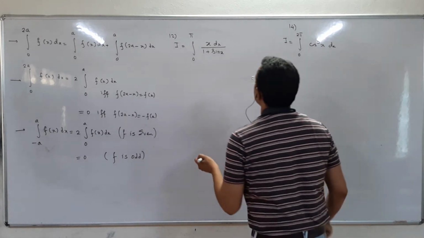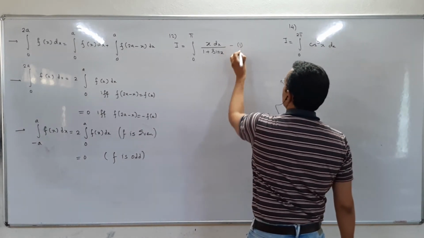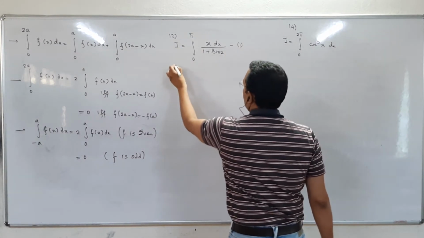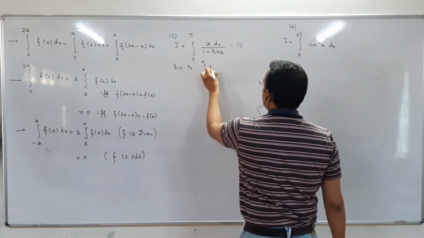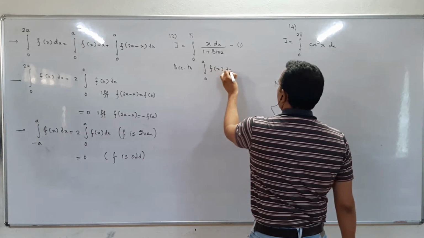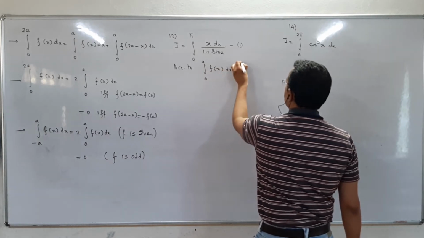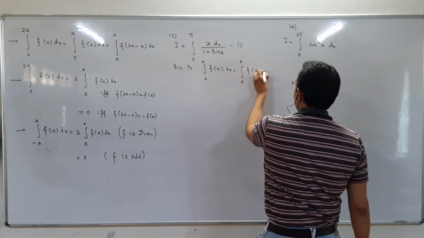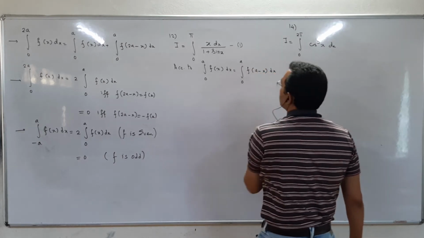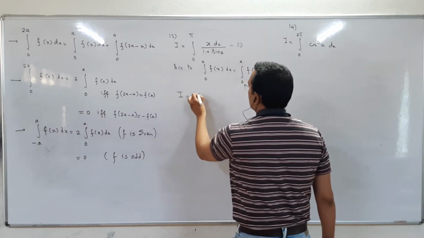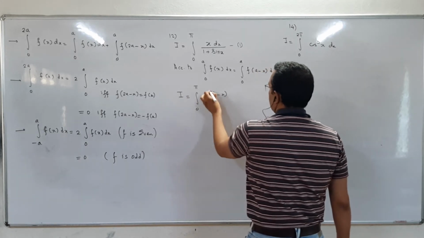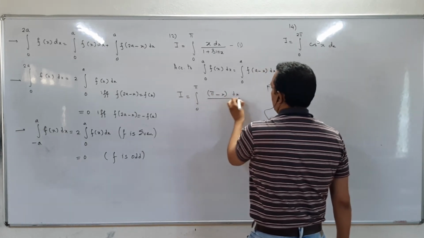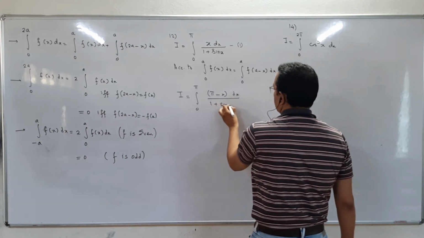Now, this is result 1 when 0 to a. So according to the property, integration 0 to a f x dx is equal to integration 0 to a f of a minus x dx. This will work out to integration 0 to pi of pi minus x dx upon 1 plus sin of pi minus x, which is sin x.